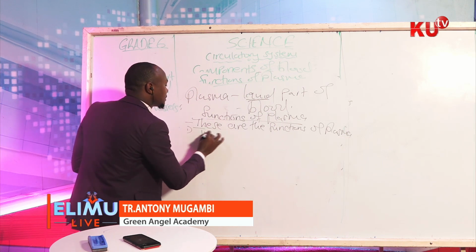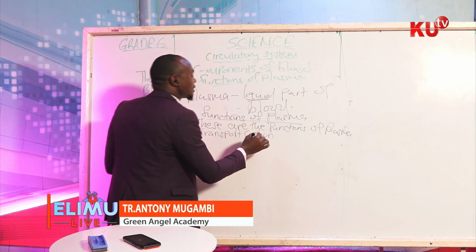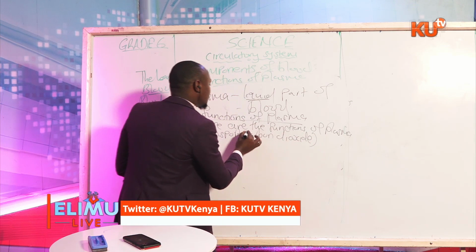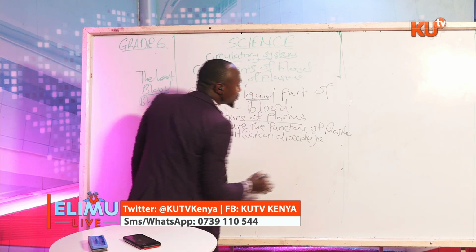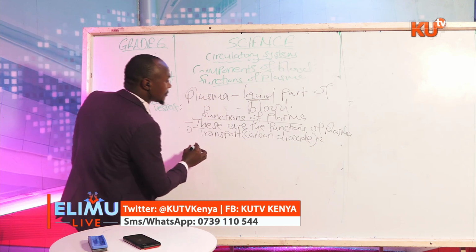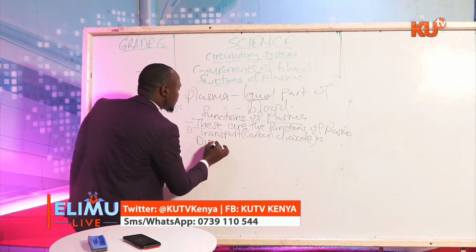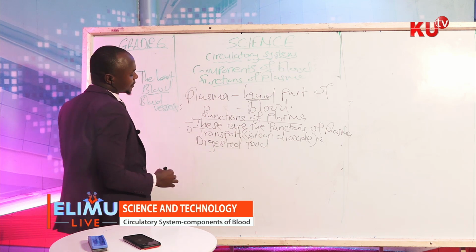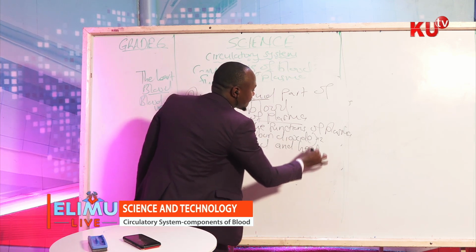One, transport carbon dioxide. Then carbon dioxide, you put it into bracket, times 2 there, because you are going to mention it twice. Transporting digested food. It also transports heat.